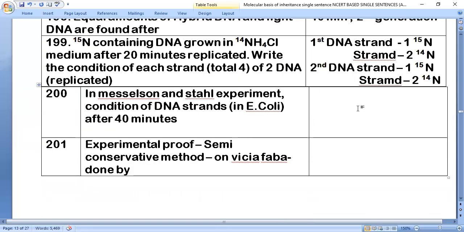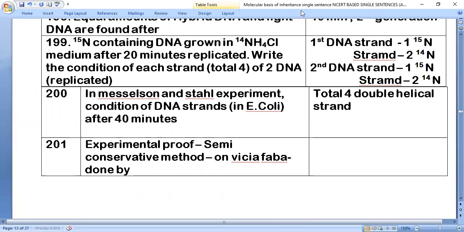In the Meselson and Stahl experiment, what is the condition of DNA strands in E. coli after 40 minutes? A total of 4 double helical strands.